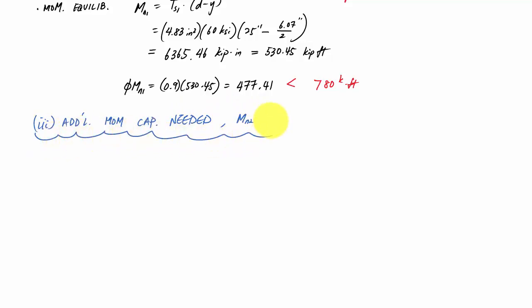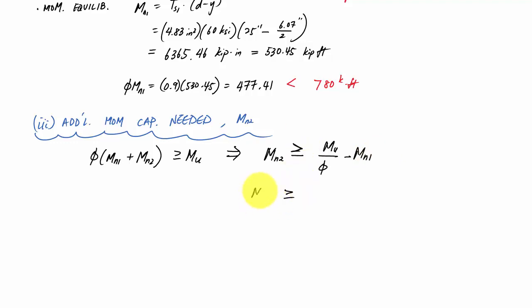Well, Mn2 is from the BDR, phi times Mn1 plus Mn2 is greater than or equal to Mu, and so Mn2 is greater than or equal to Mu over phi minus Mn1. And this is Mu is 780 divided by 0.9 minus Mn1, which is 530.45. And can you calculate that for me?